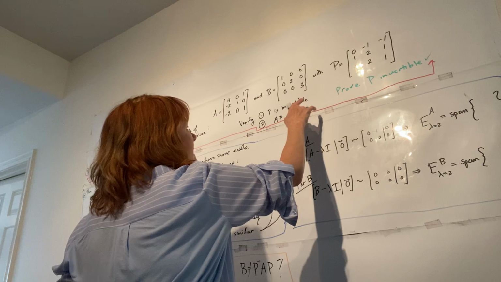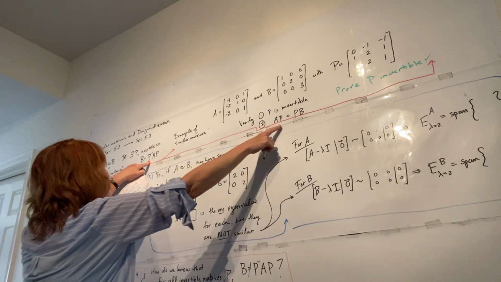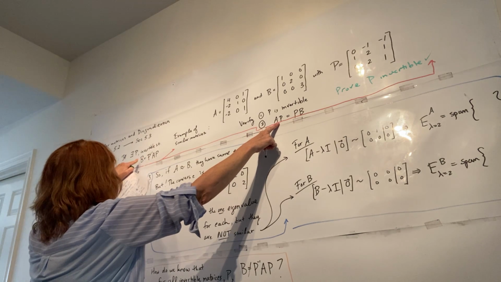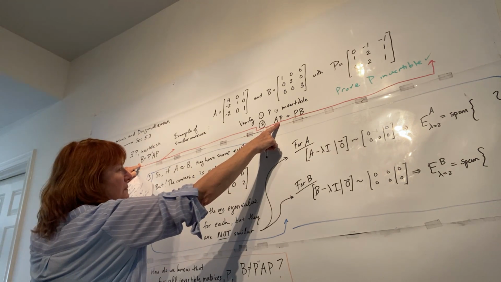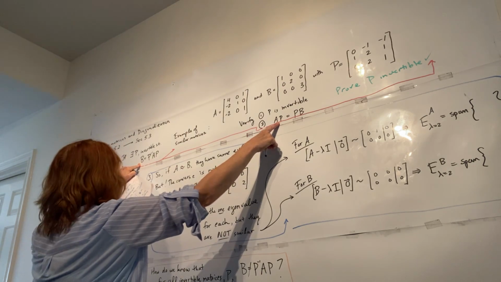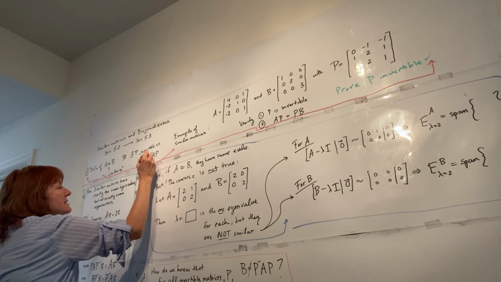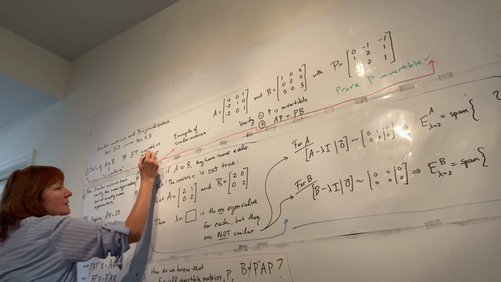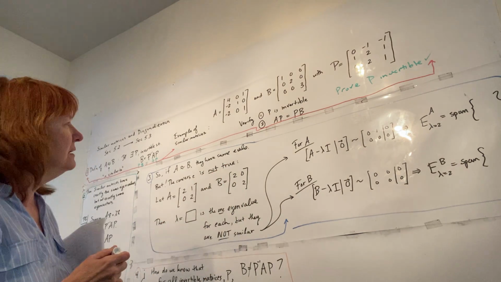Once you've got that, then you could take that equation here and get to this one just by multiplying both sides on the left by P, right? So then I would get PB is equal to AP, or AP is equal to PB, flopped over.